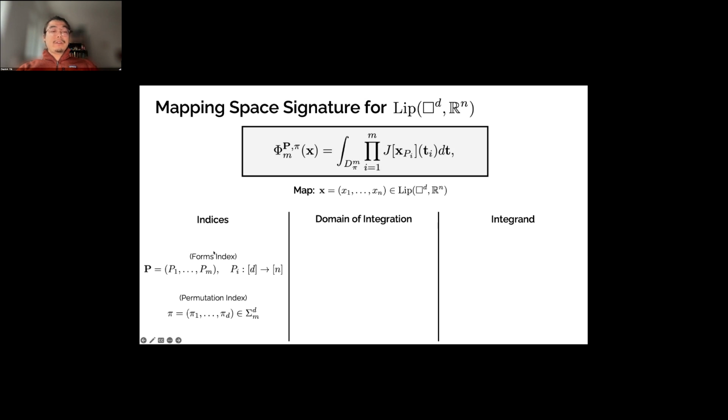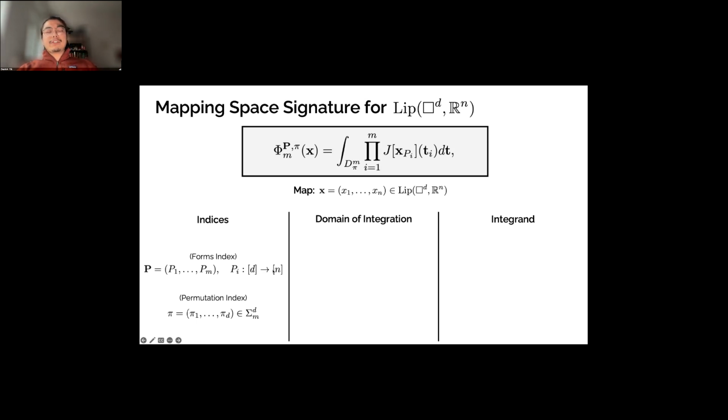There's going to be what's called the forms index, and this should be thought of as some choice of forms that we are taking. So bold P consists of M functions from the finite set D to the finite set N, and these are order-preserving injections.